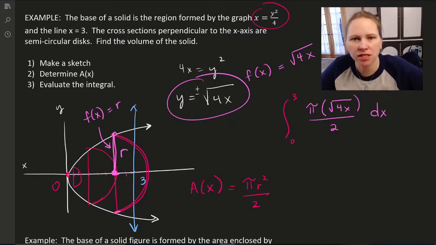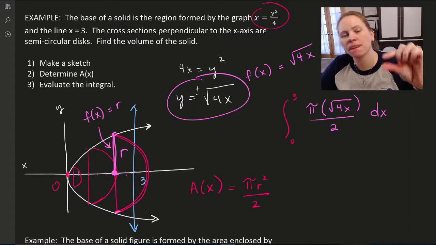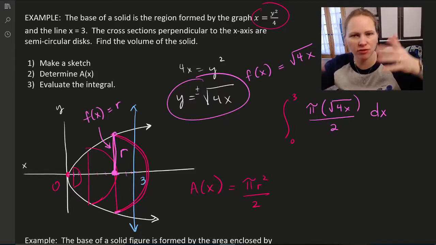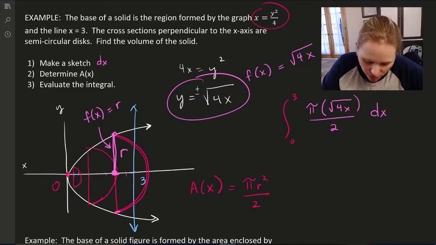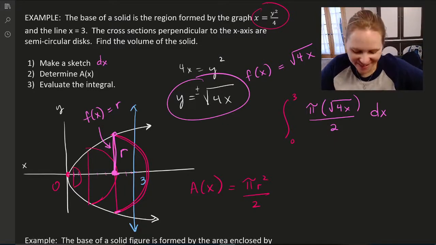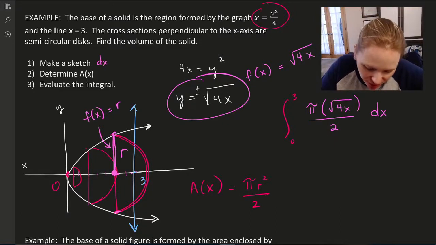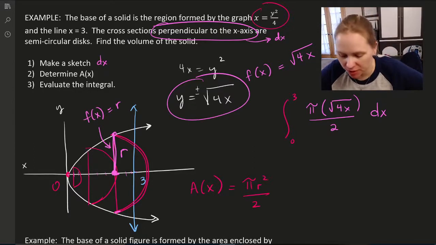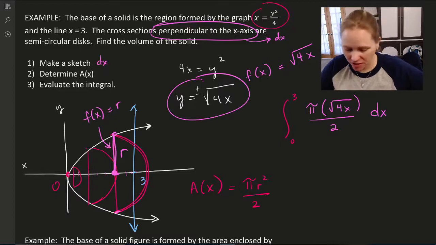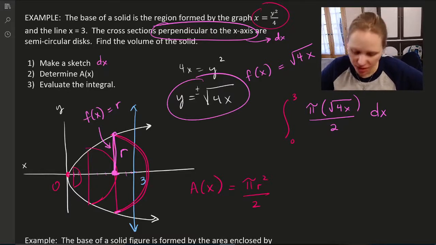That's how I know it's a dx, because that's the thickness of this semicircular three-dimensional little cut that I'm making. So it is a dx problem. Now here's the other thing. Wherever you're perpendicular to, if I'm perpendicular to the x-axis, that's an indicator that I'm going to set it up as a dx problem. So this is my integral, and now I'm ready to set it up and solve.